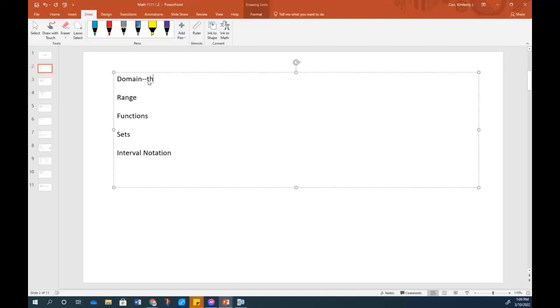The domain is the set of x values or inputs used or okay to use. Now, when you are actually looking at a graph, you can say it's the ones they used. But when you are trying to determine what the domain is, you have to figure out what's okay to use, and we have another slide about that.